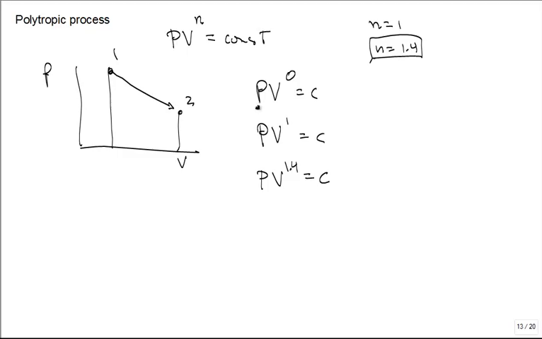What does this PV to the 0 look like if I'm going from V1 to V2? Straight line, you're absolutely right. It's a flat line, and there's state 2. All right. How about PV where the n is 1?